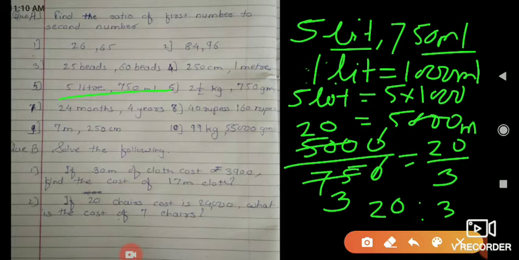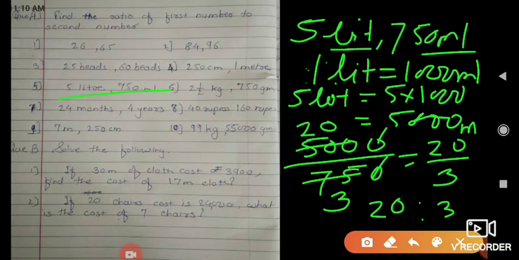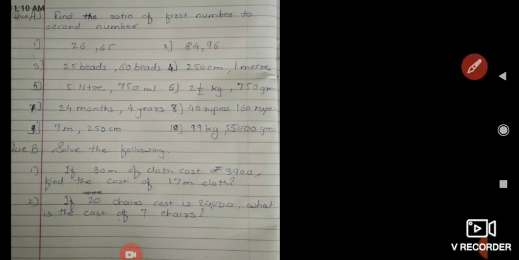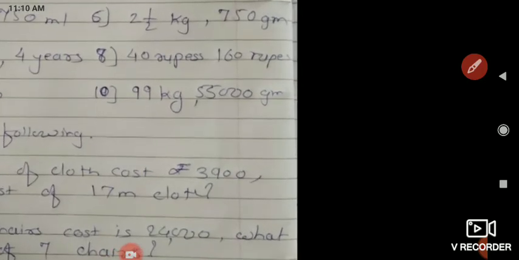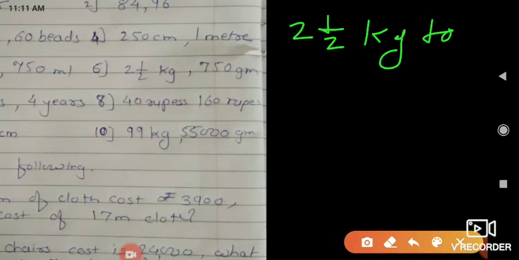Okay. Now move towards the next question. Question number 6. What is the question number 6? Question number 6 is we have to find out the ratio of 2.5 kg to the 750 grams. Okay, so how to solve this example?